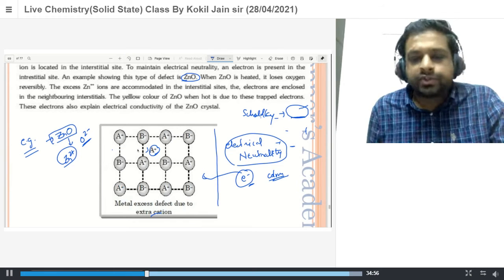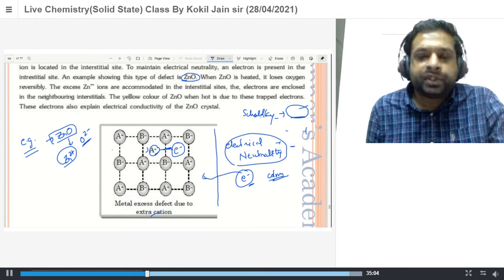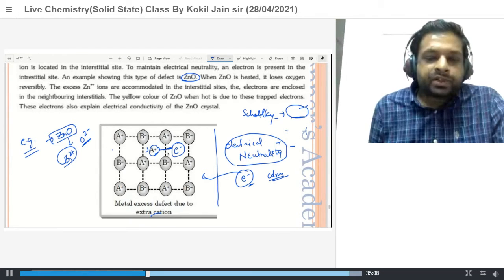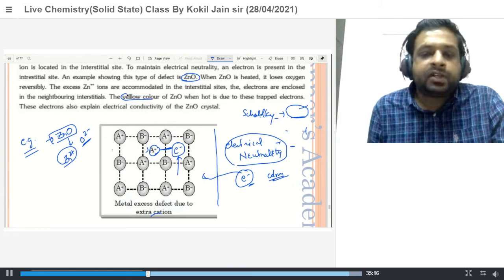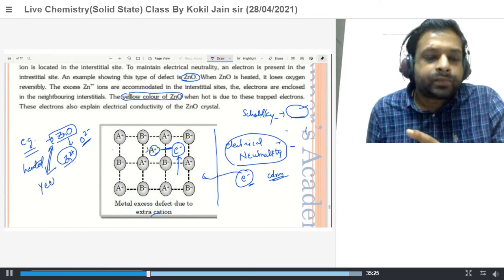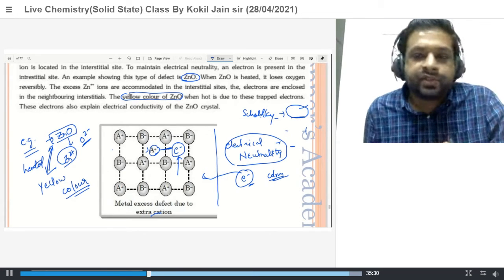It's not like it is going to be away, maybe here only, the nearest interstitial site only, to maintain the electrical neutrality. So due to these trapped electrons inside this overall crystal, we see the yellow color of zinc oxide when it is hot. When heated, it will show yellow color. This is what happens in case of metal excess defect.